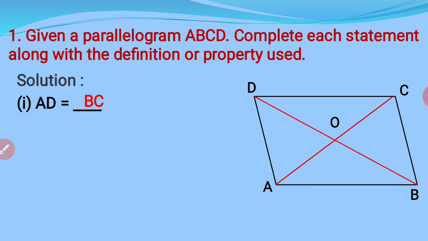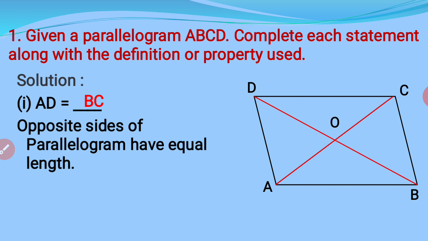Now the very first is AD, which is equal to, obviously, BC. The reason is they are the opposite sides of a parallelogram, and the length of the opposite sides of the parallelogram are always equal.